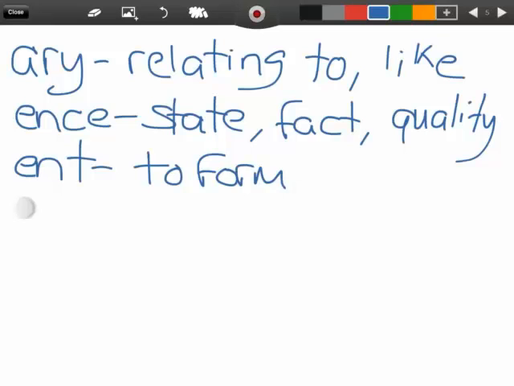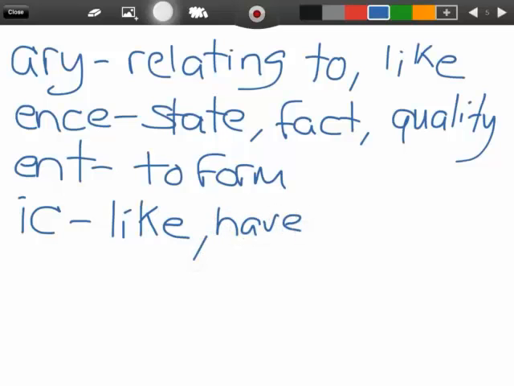Moving on to our next suffix is "ic," and "ic" means like, having the nature.